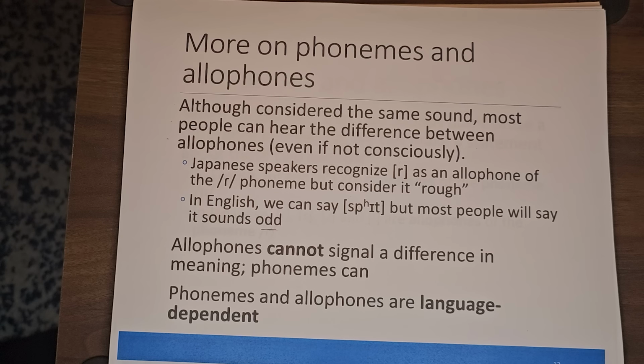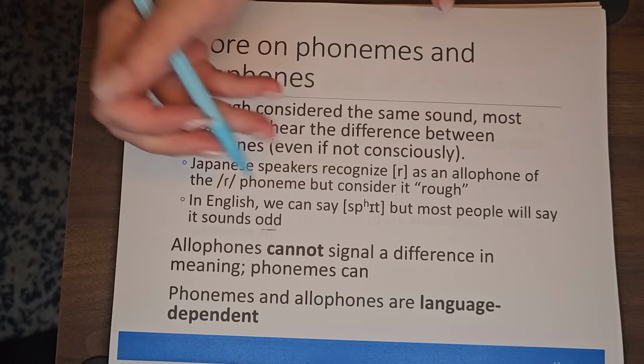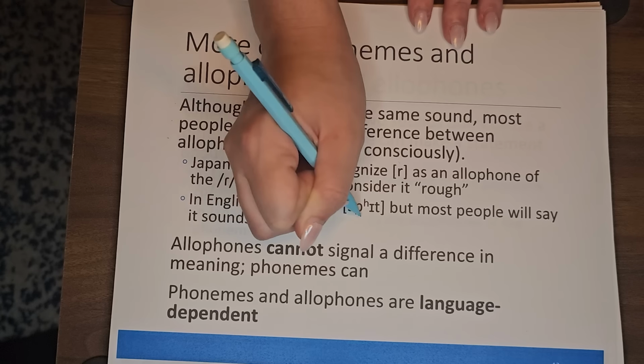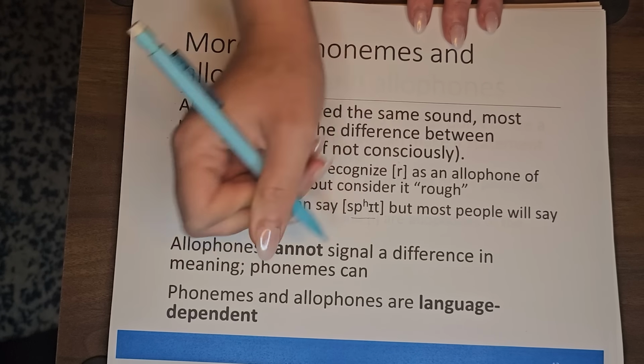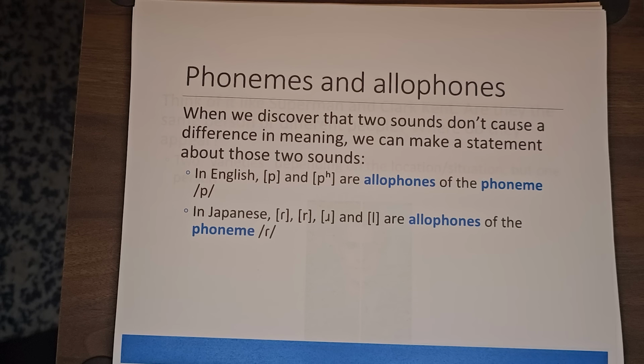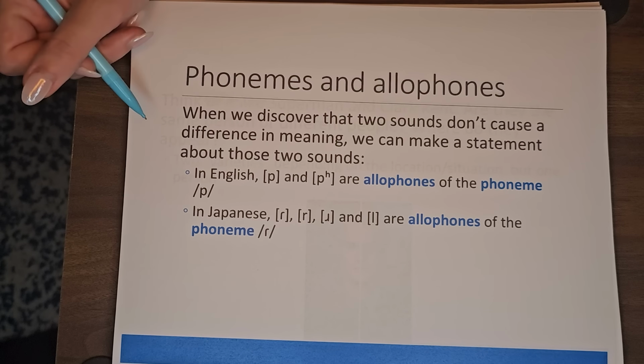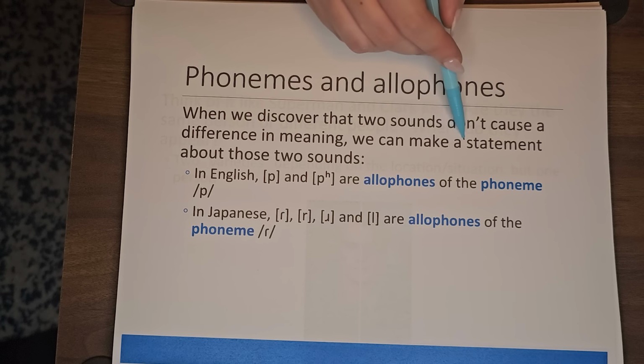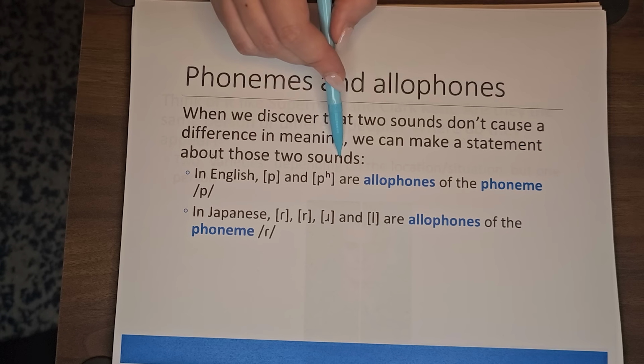So allophones cannot signal difference in meaning, only phonemes can. So once again, if I say spit or spit, you can hear the difference, but it's not meaningful. So when we discover that two sounds don't cause a difference in meaning, we can make a statement about those two sounds.